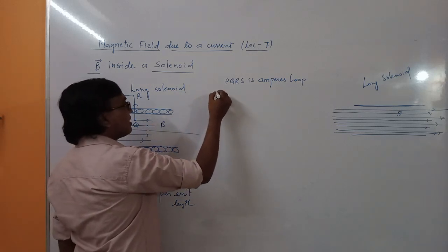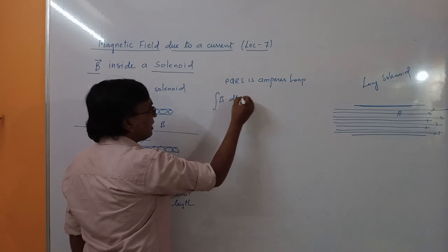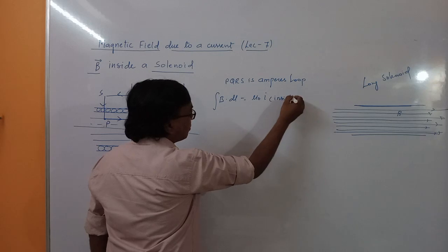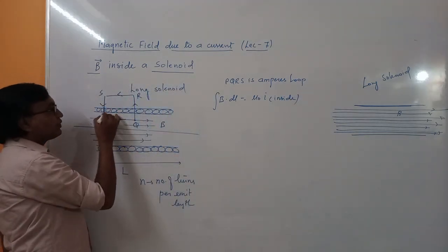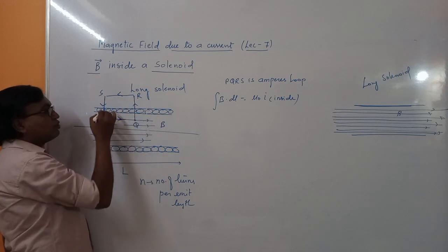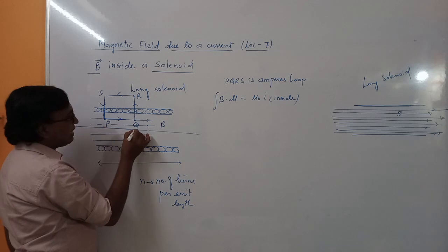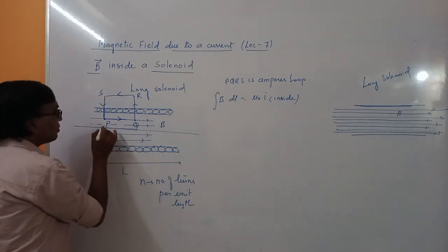The integral of B dot dl is equal to mu naught into I inside. So first we have to find out the current inside, the current flowing in this Ampere's loop. Here this length, let us assume as L. So this length is L.